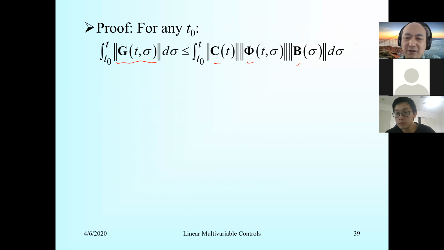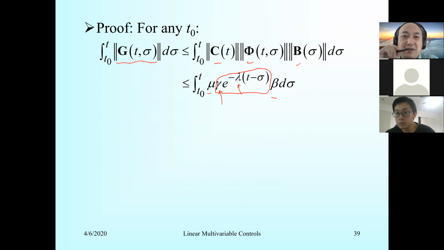I call it a norm inequality, okay? And remember, it's exponentially stable. So C is bounded by mu, B is bounded by beta, and phi is bounded by these two guys with gain gamma and damping ratio lambda, okay?